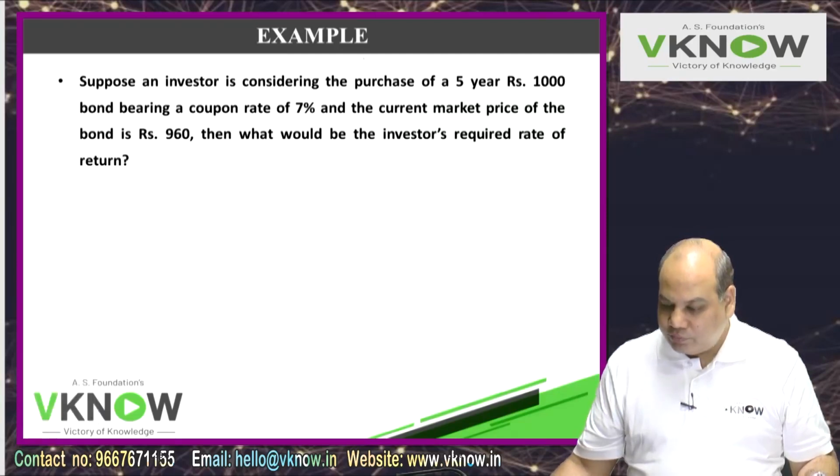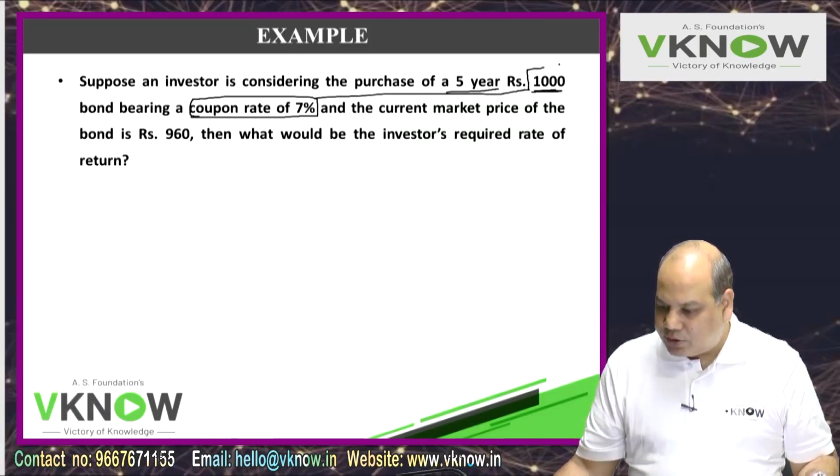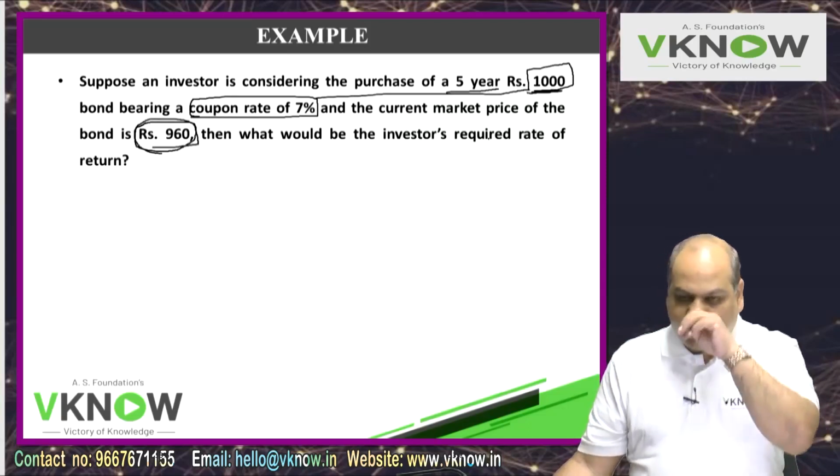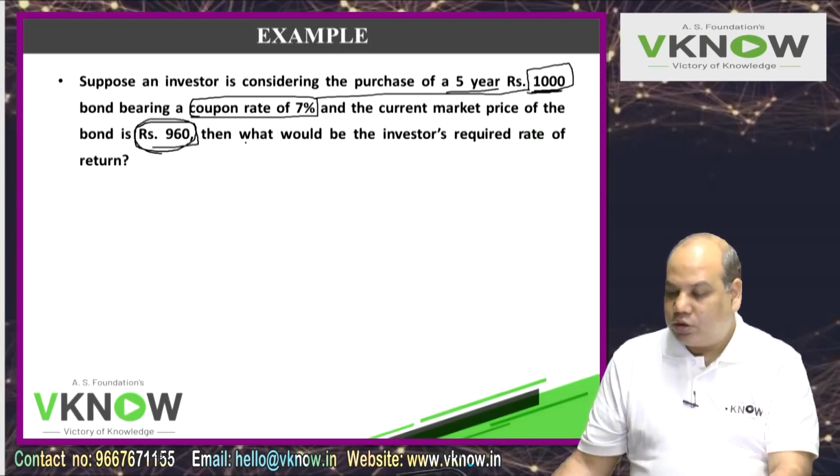Now you see some important numbers. 5-year, 1,000 is the face value, coupon rate is 7%, means 7% of 1,000 will be 70, and the current market price is 960. If you want to buy this bond today, this is the current price CP. What would be the investor's required rate of return, or the YTM?